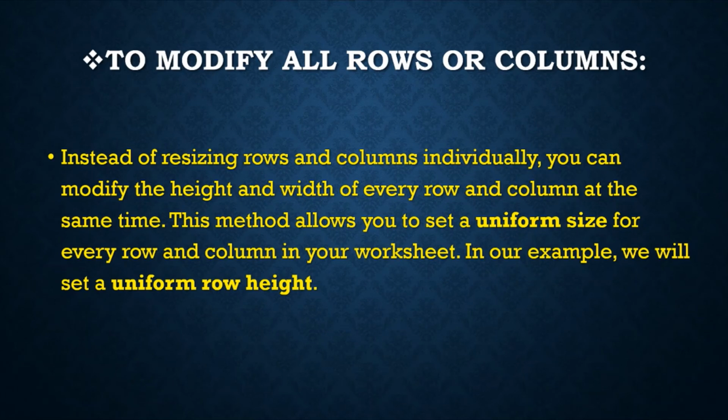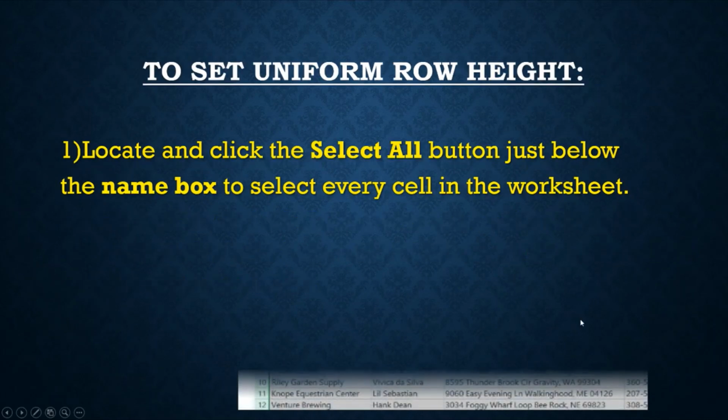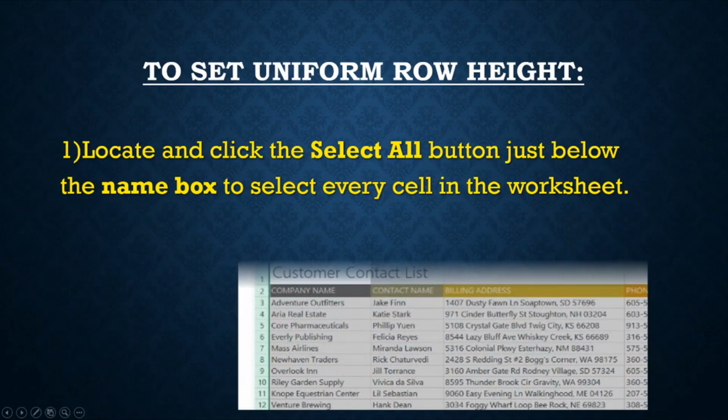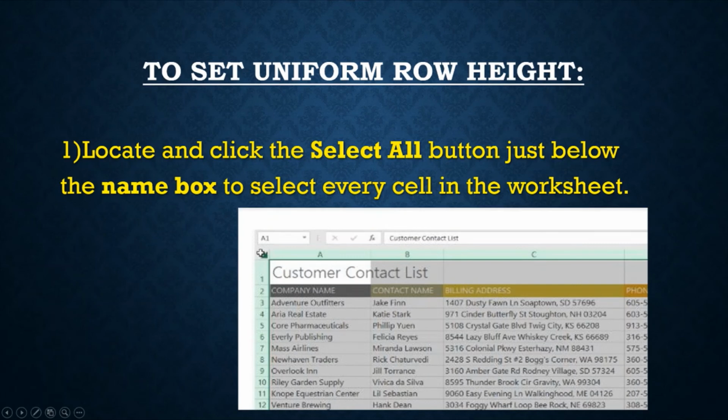Now let's say in our example, we will set a uniform row height. To set a uniform row height, first locate and click the Select All button just below the name box, as you can see in the picture, to select every cell in the worksheet.